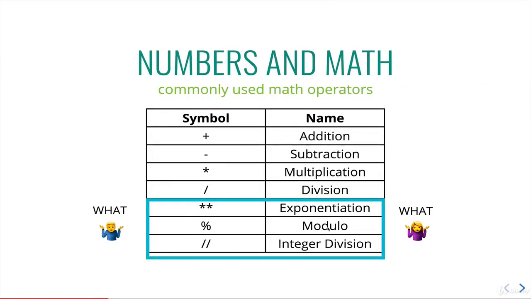Next, we have modulo. Now this is one that we actually probably will use at some point. It's kind of like division, but it's also known as the remainder operator. So it takes two numbers, and it will divide one into the other as many times as it can without becoming fractional, and then it will give us the remainder.